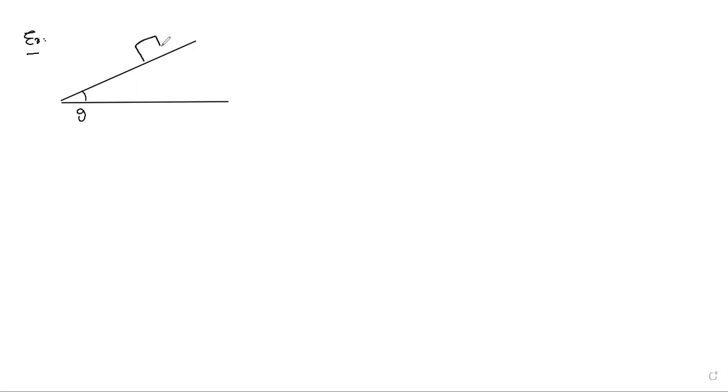This is the block placed on the inclined surface whose mass is m, and it is a rough surface. From this position to the bottom, you take the displacement of the body when it is left freely. It tries to slide down, like this.